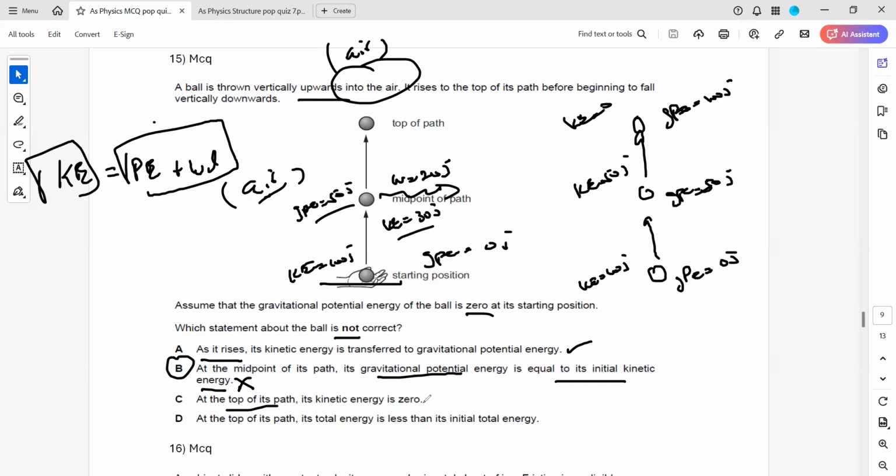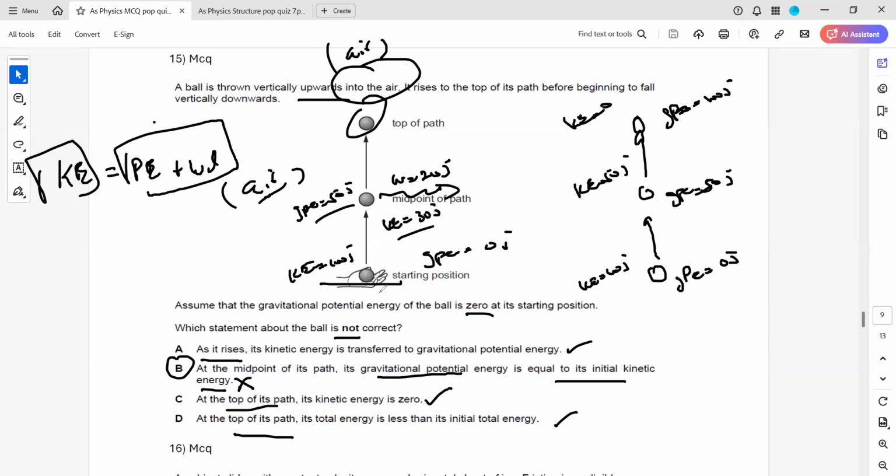At the top of its path, the kinetic energy is 0. Yes, definitely it will stop. At the top of its path, the total energy is less than the initial energy.